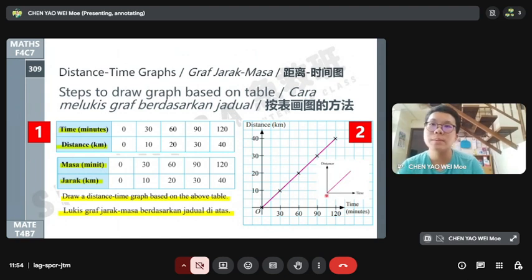What is this called? We call this one uniform speed. Distance over time is what? You learned in Form 2. Speed.